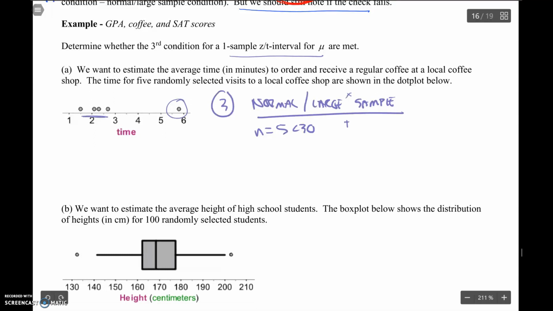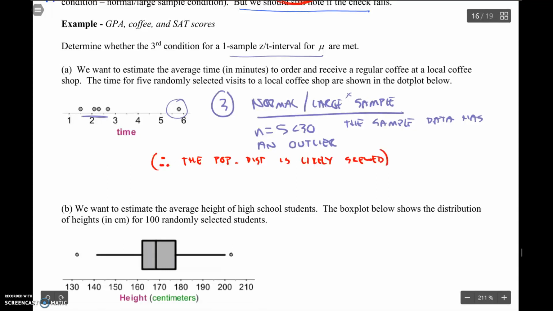So I say the sample data has an outlier. So this is kind of the optional statement. Therefore, the population distribution is likely skewed. And if the population distribution is likely skewed, then this fails.